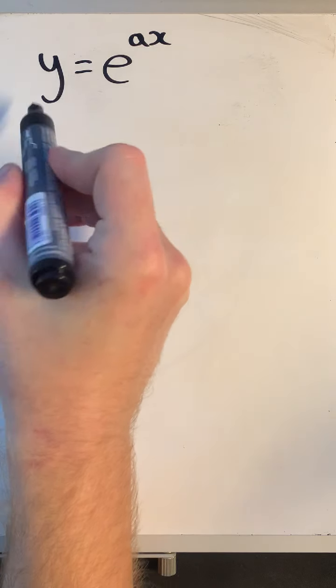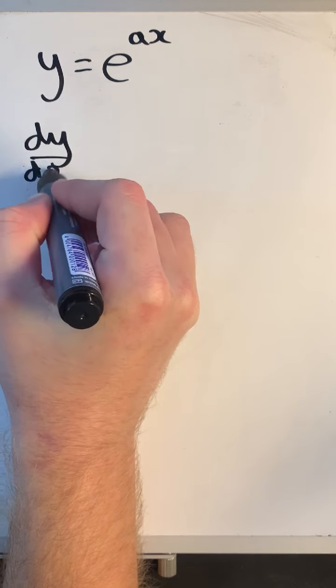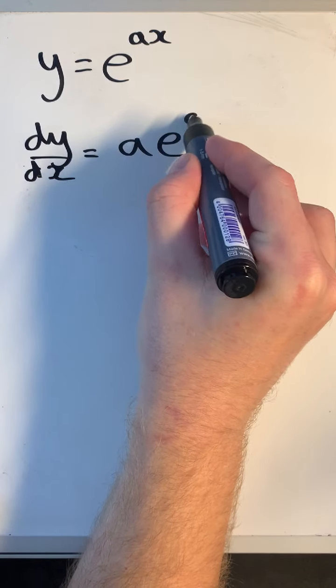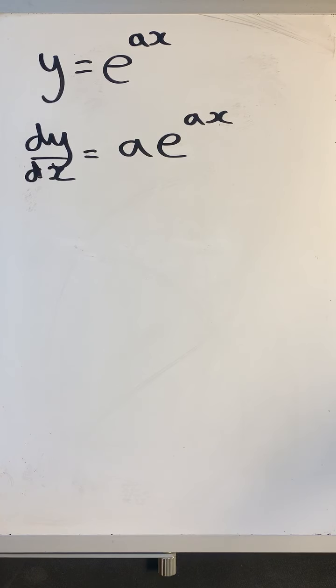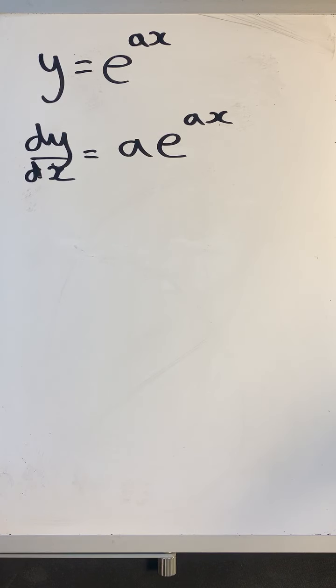So the standard derivative for this, dy/dx, is equal to a e to the ax. So in other words, you're bringing that a down in front of the exponential.